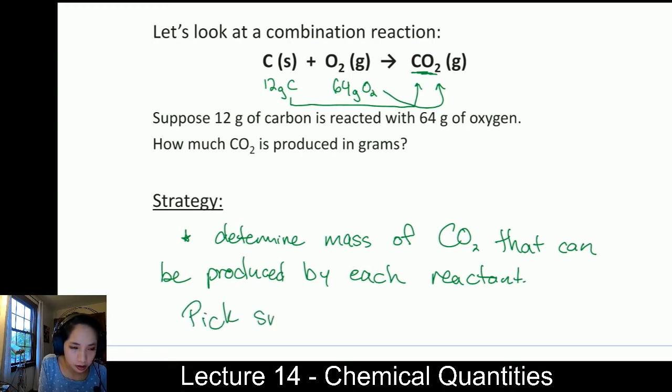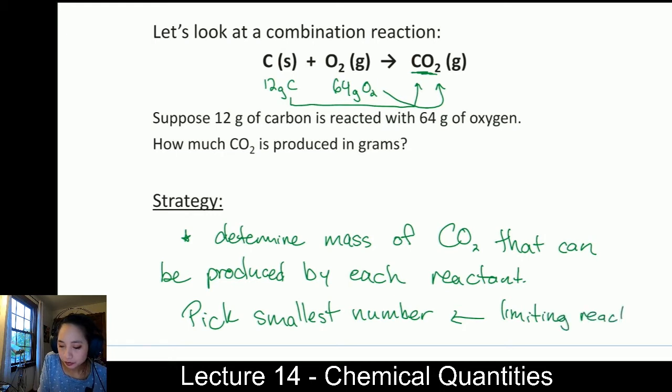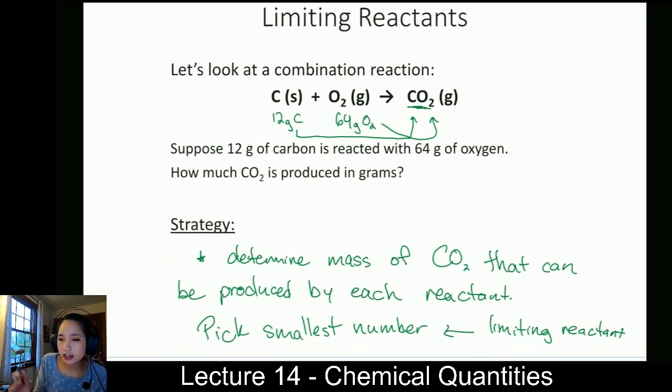Pick the smallest number, and that would be our limit. That's indicating our limiting reactant, that one will run out first. So that's my strategy. So essentially, with this question and limiting reactant questions, it's no different than those 3 examples we did before. It's just now, since you're given masses of 2 different reactants, you just have to do stoichiometry twice, and then you just pick the lowest one.